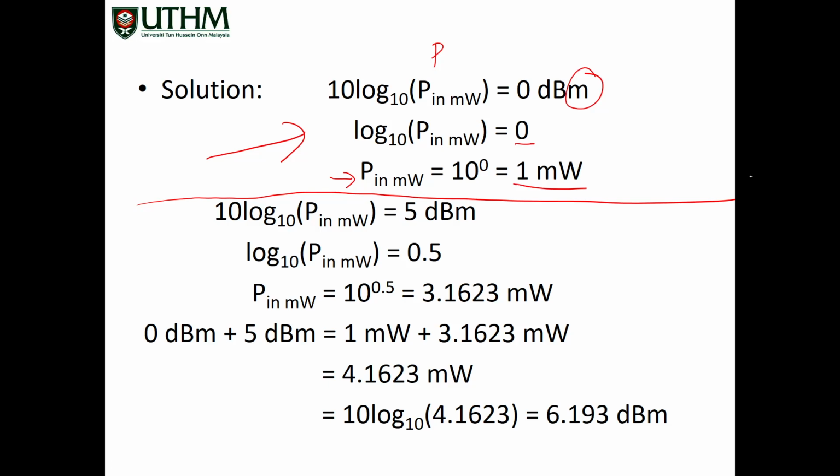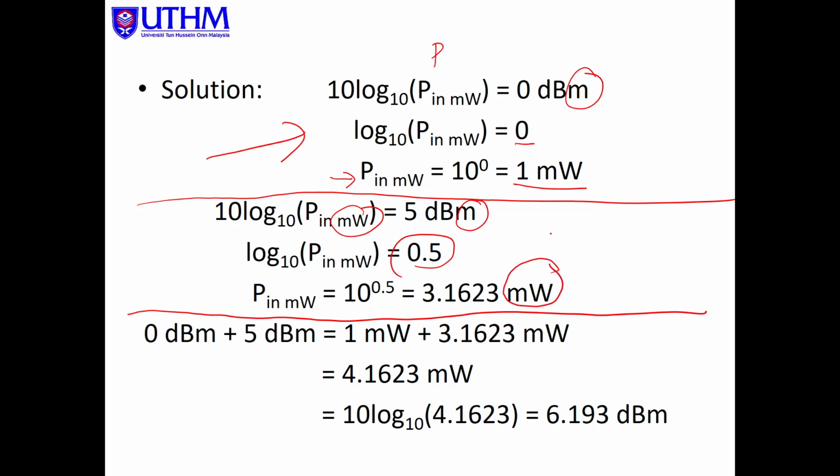For the conversion of 5 dBm, 10 log power in milliwatt, you get 5 dBm. So this must be in terms of milli. Divide with 10, you get 0.5, and then anti-log of 0.5, you get 3.1623, but the unit must be in terms of milliwatt.